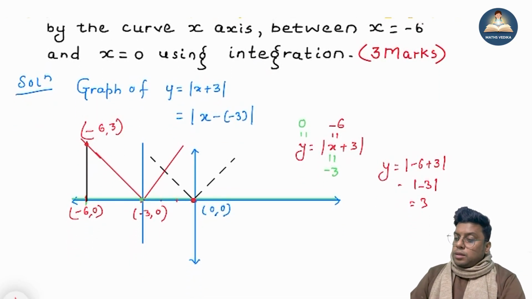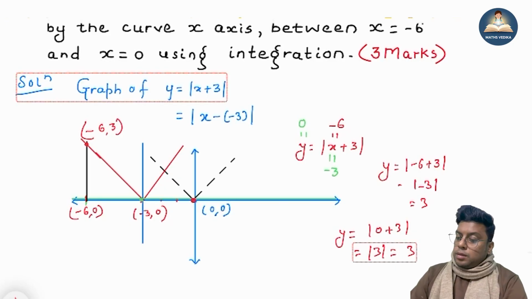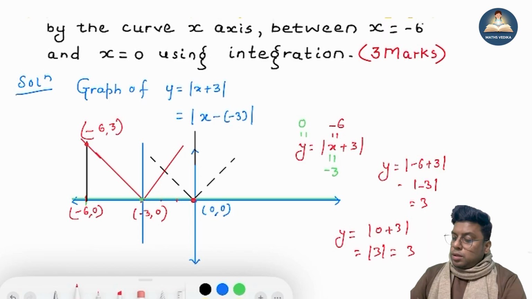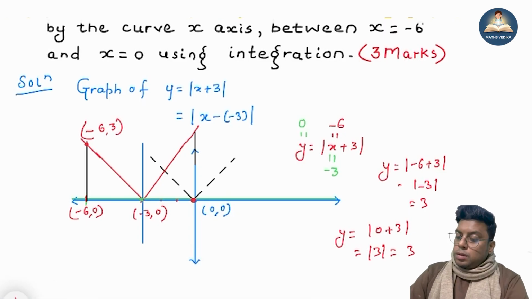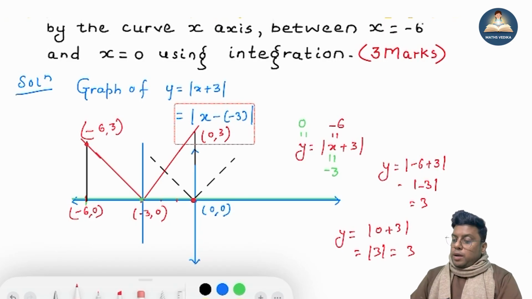And when x = 0, y = |0 + 3| = |3|, which is equal to 3. So this will be (0, 3). Now we have to find the area.